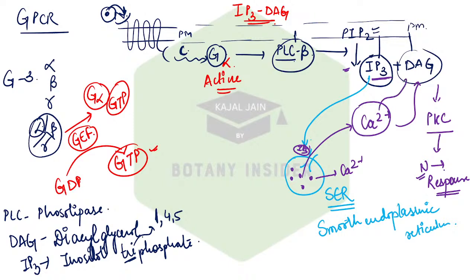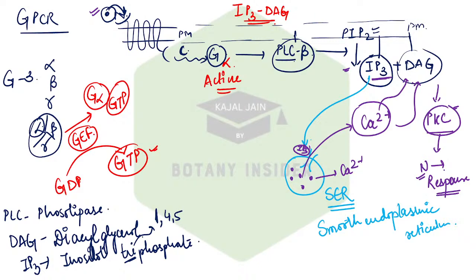Ca2 plus interacts with DAG in your plasma membrane, where both of them help in the activation of PKC, protein kinase C. Then you have the entry of the PKC into the nucleus, and finally the response is seen depending upon what ligand was there. Okay, so this is how your complete GPCR actually operates.